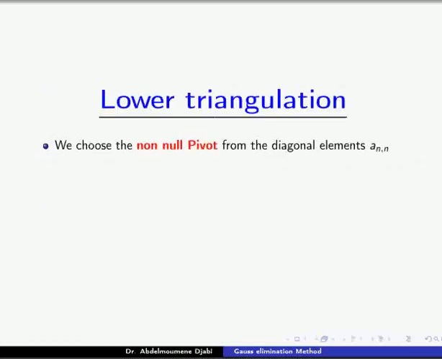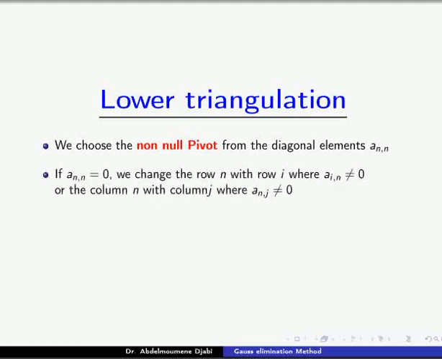For the lower triangulation, first we choose the pivot. Here we choose the last one. If this element equals 0, we change the last row with another row, or the last column with another column, and we get another matrix.